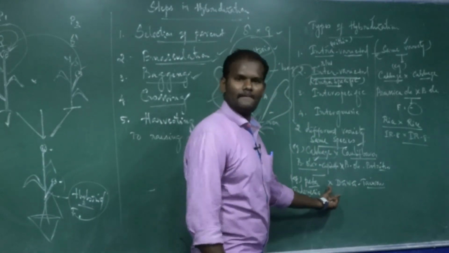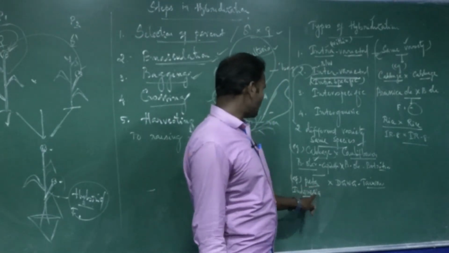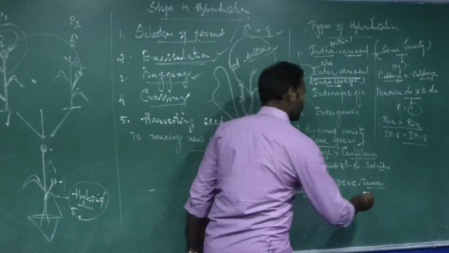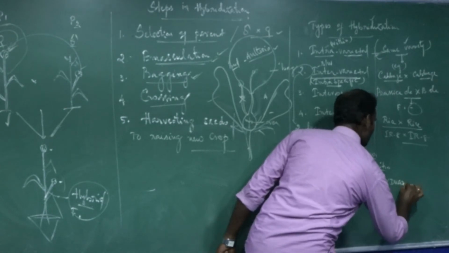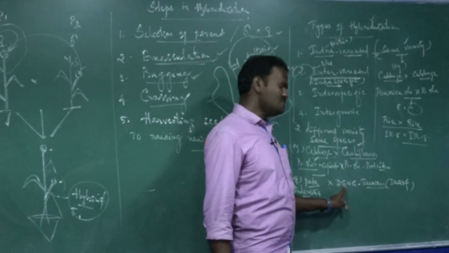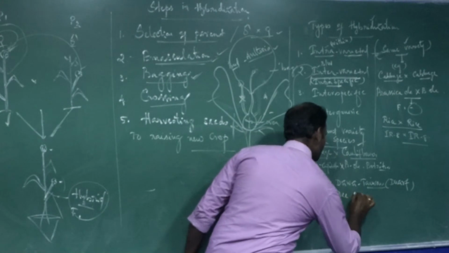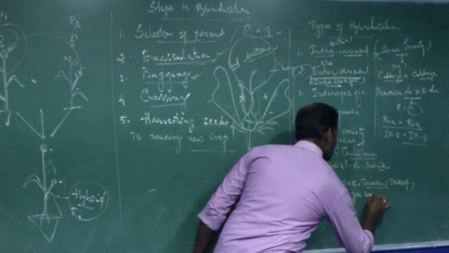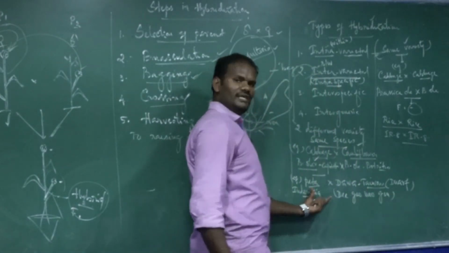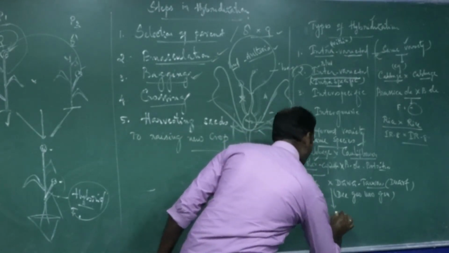Both are rice, the same species but different varieties. Peta from Indonesia was crossed with the Taiwan variety Dee-geo-woo-gen.